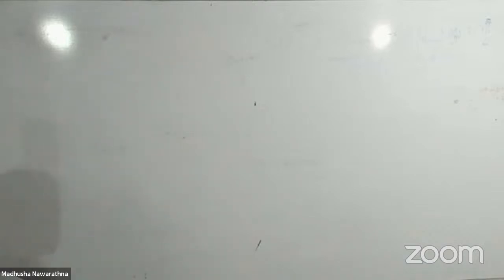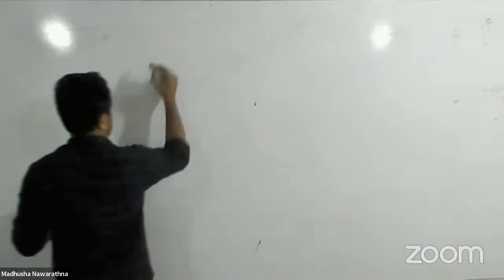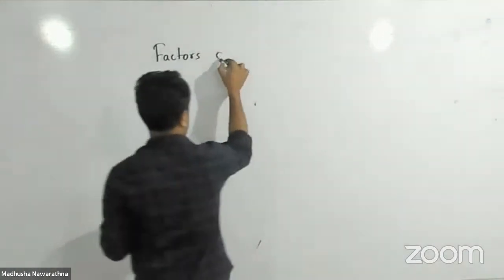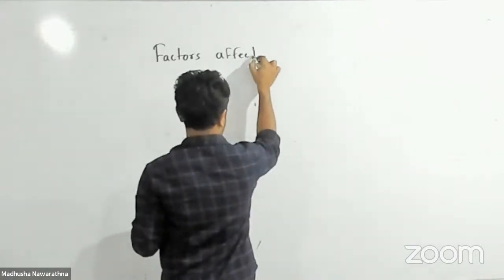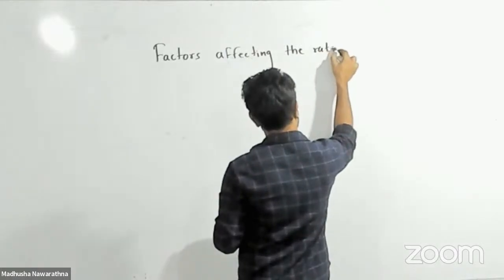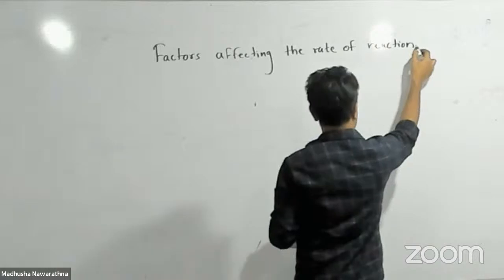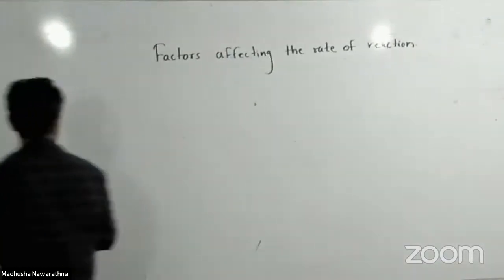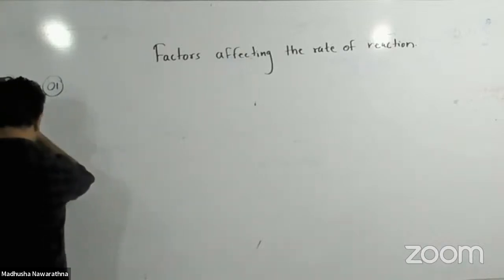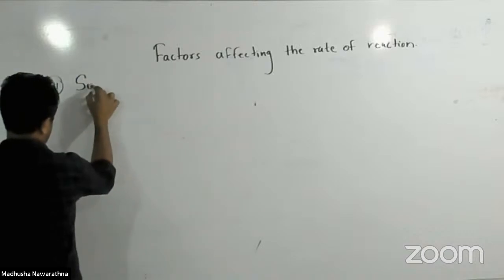Write this topic. Factors affecting the rate of reaction. Number one, surface area of the reactants.